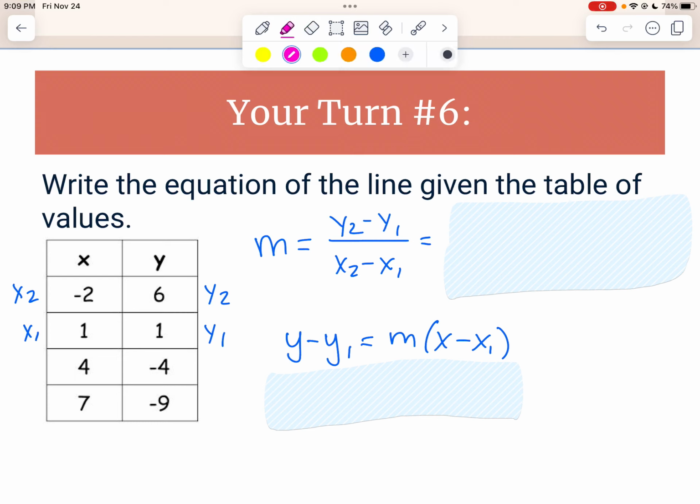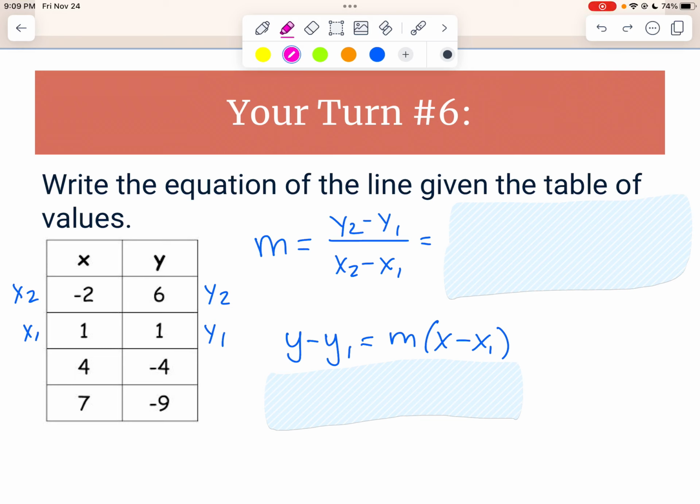I also decided to, when I wrote my equation, go with (1, 1). But that's up to you. You should still get the same equation in slope-intercept form. So pause the video as you complete this problem. You're finding the slope and then plugging the slope and a point into point-slope form. Go ahead and get started on that.